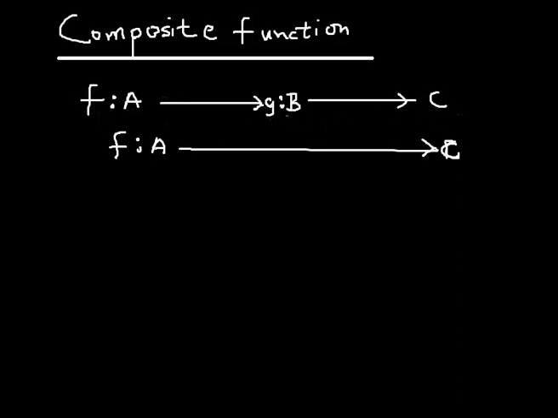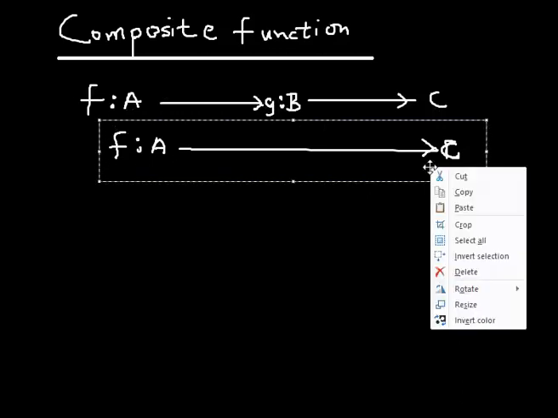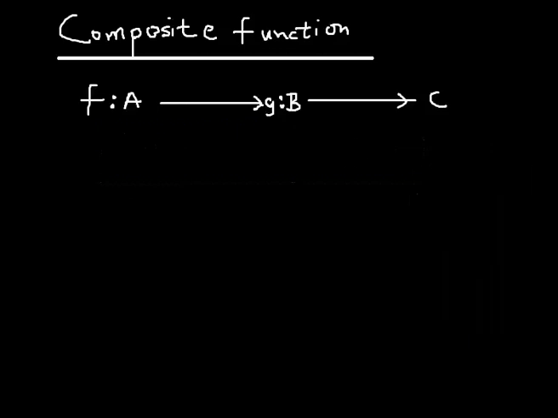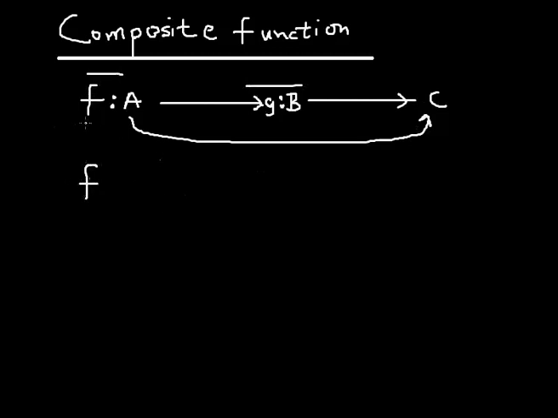So now if I want to get a function that maps A to C, then I'm combining these two intermediary functions. I'm going to combine both the function f and the function g.